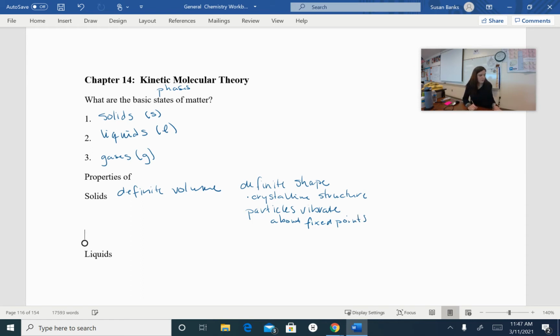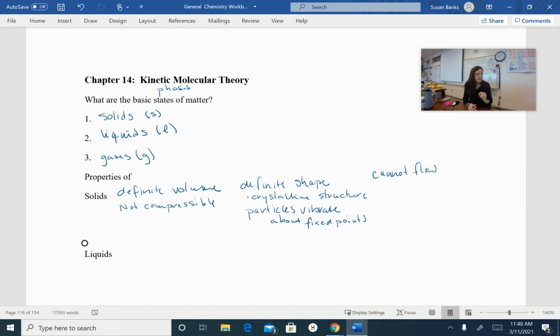So another thing, that definite shape and that vibration around that fixed point means that the molecules in a solid cannot flow. They're rigid. Okay? Solids are not compressible. So I can't smush the molecules closer to each other than they already are.